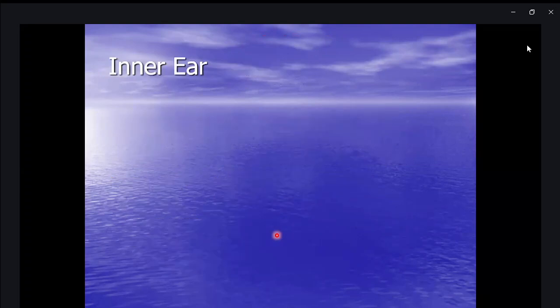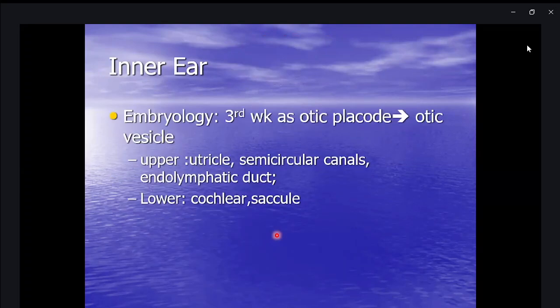The inner ear, we talked about it, as comprising both the cochlea, the utricle, semicircular canals, and the saccule. So the inner ear originates from the otic placode, and this otic placode forms the otic vesicle.